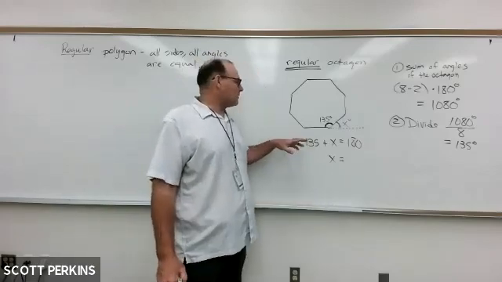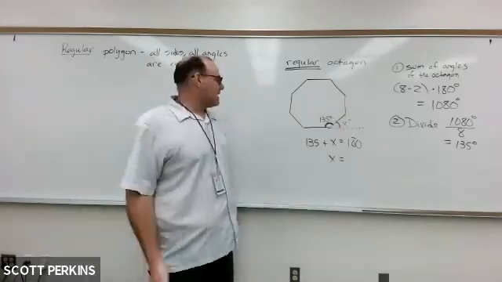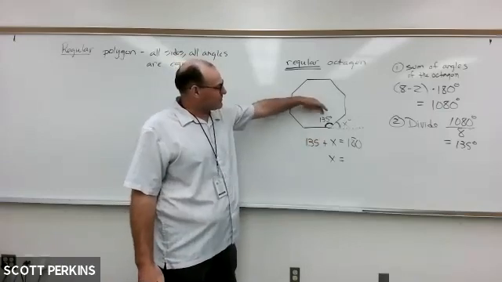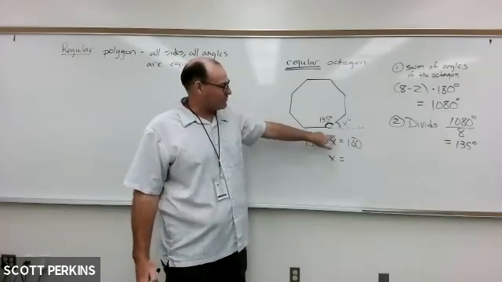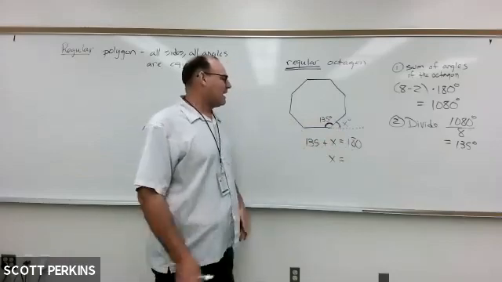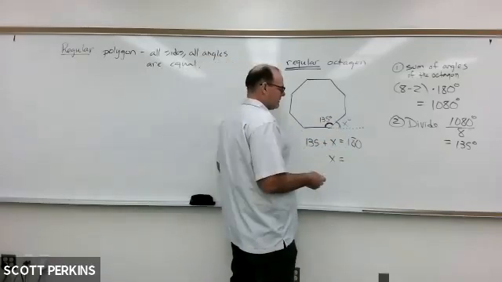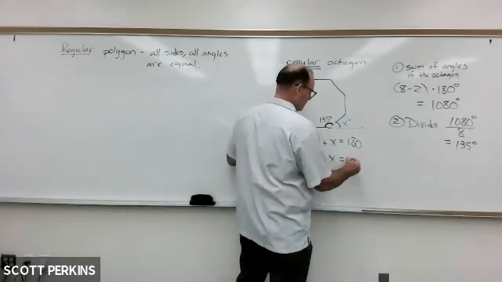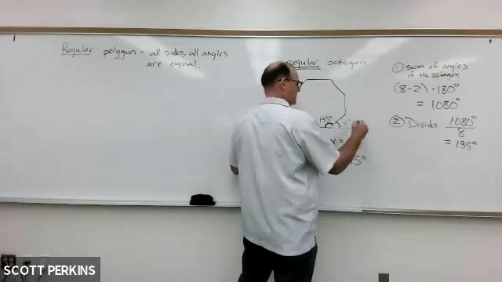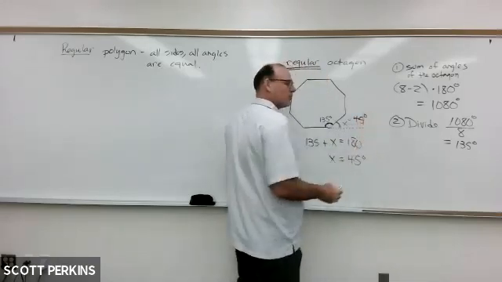All right, and so you told me they were supplements. So 135 degrees, which is that angle we found, plus x, which is the one I don't know, have to equal 180. And when you do that subtraction, that is how much? 45 degrees. Great job. So x, the angle we're looking for, was 45 degrees.